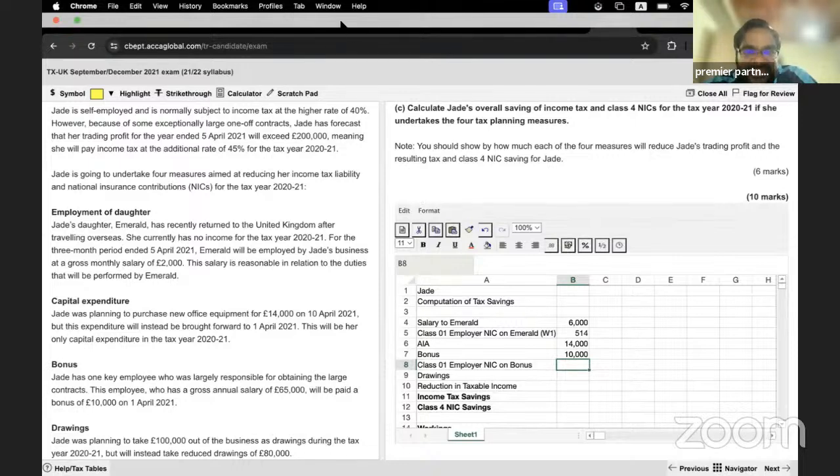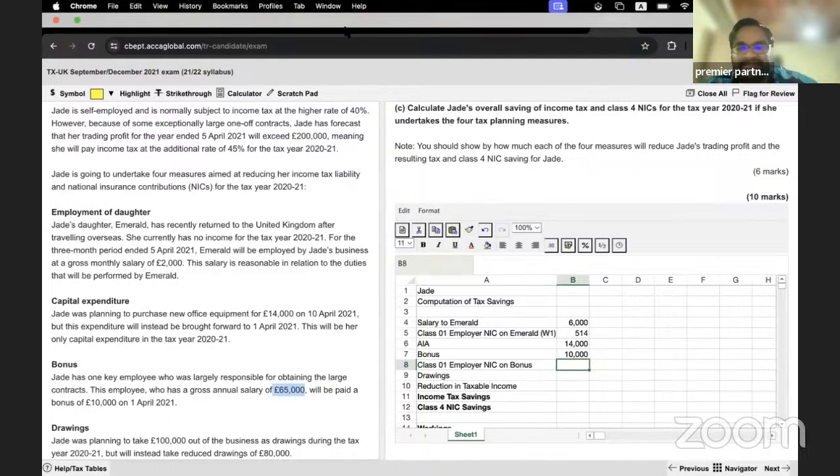Guys, they have given the salary. Exactly. I agree with Razi. Salary is given, guys, 65,000 pounds. So if the salary already is 65,000 pounds, from salary itself, he has surpassed the 50,270 limit, right? So anything more we add for this particular employee, that is going to get taxed at which rate for NIC? Exactly, 2%.